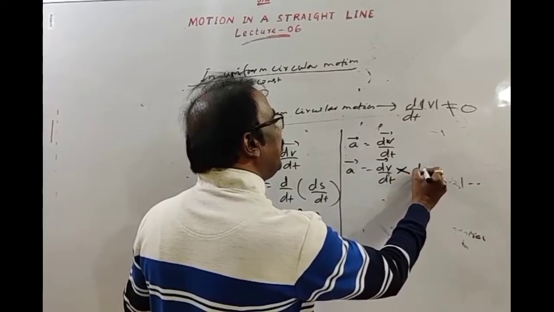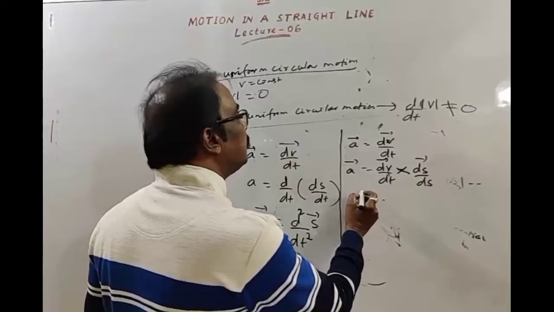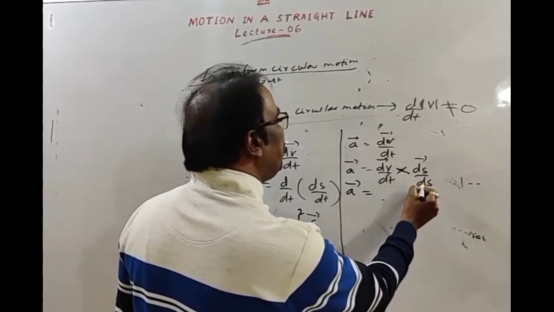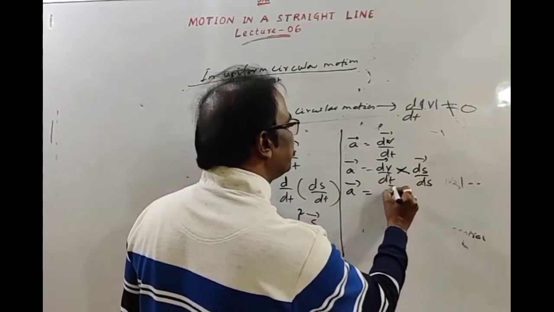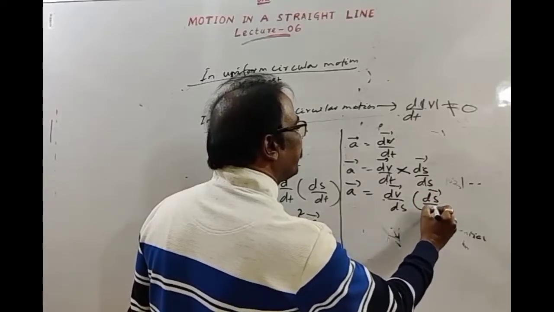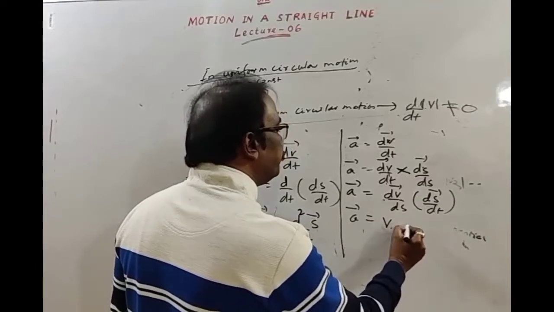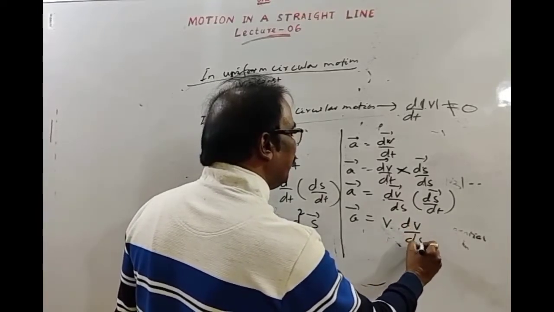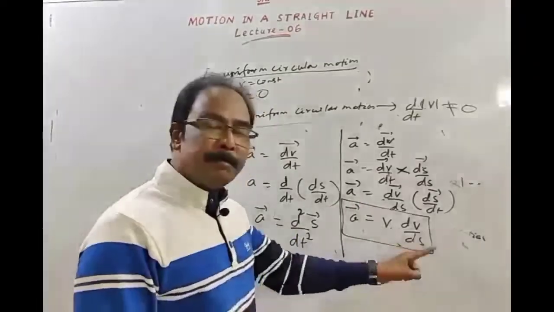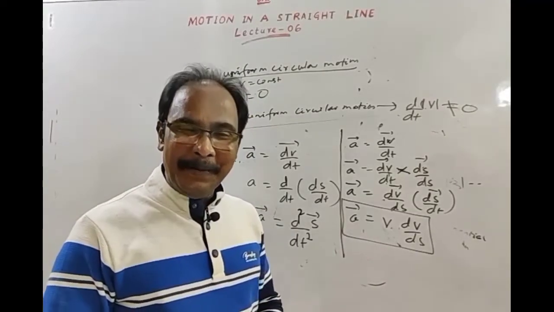Suppose I multiply by ds by ds, then acceleration is dv by ds times ds by dt. Finally, I can write ds by dt is v, so acceleration is v dv by ds, in terms of displacement. Okay, we can use it when we go to numericals.